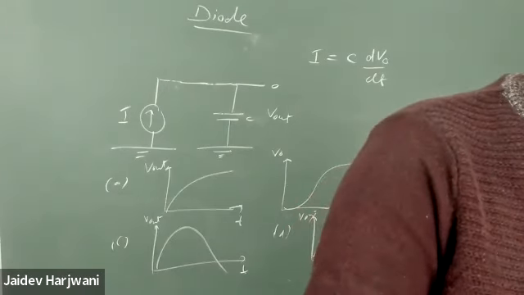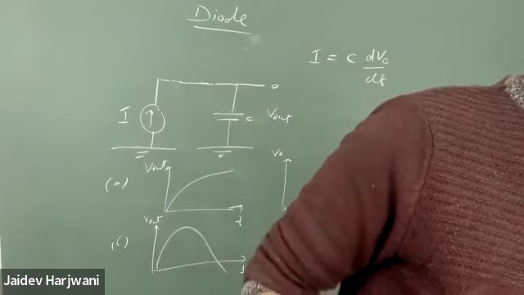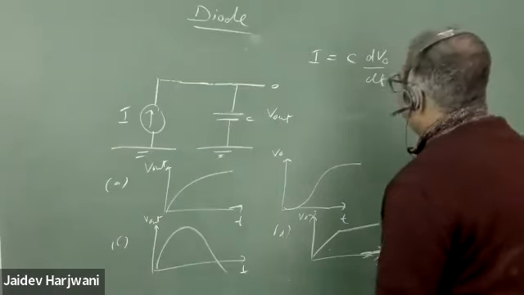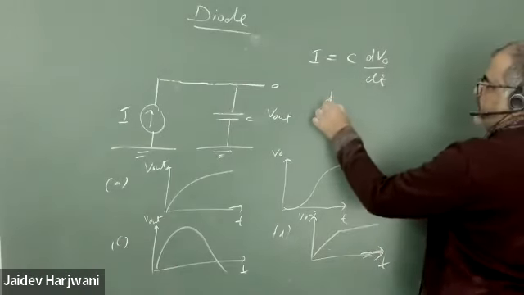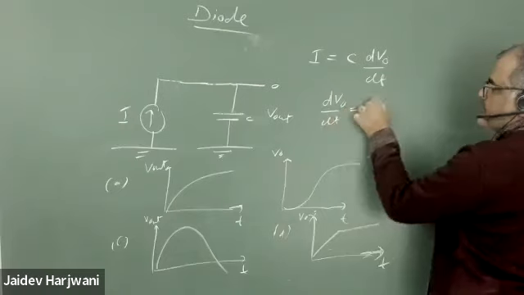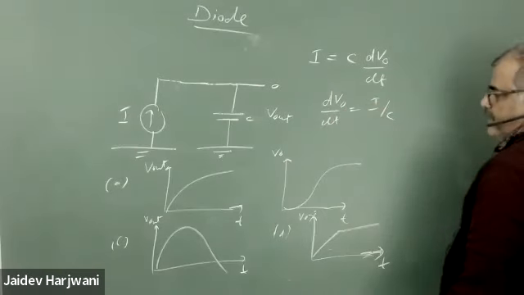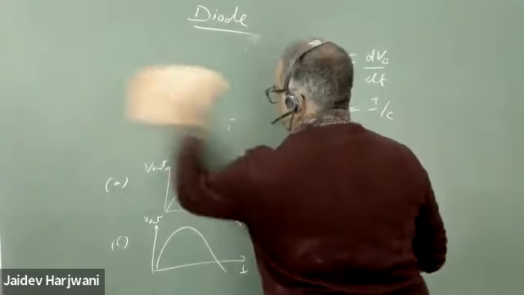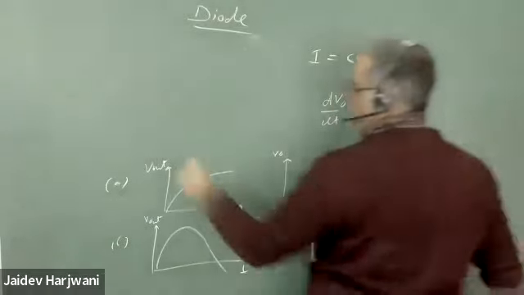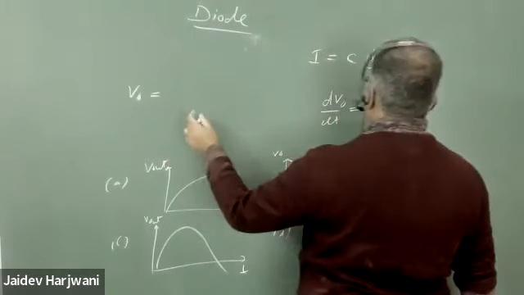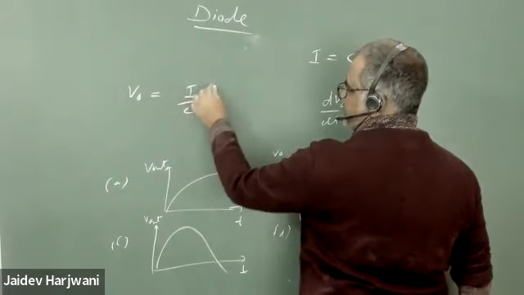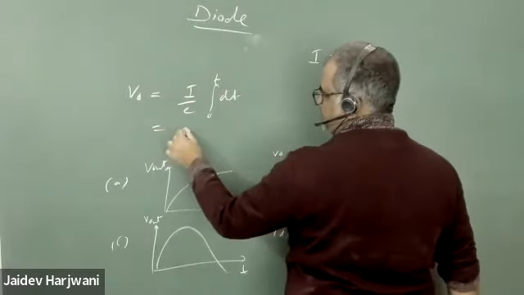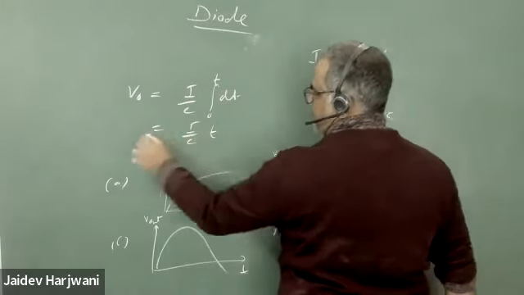Okay, so dV by dt. Initially the capacitor is uncharged. Now I will write dV by dt equals I by C. I is constant, C is constant, so integrating from 0 to T of dt, this will come as I by C times T for V naught.